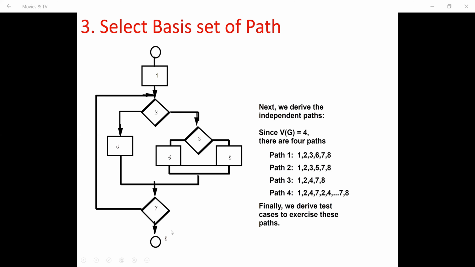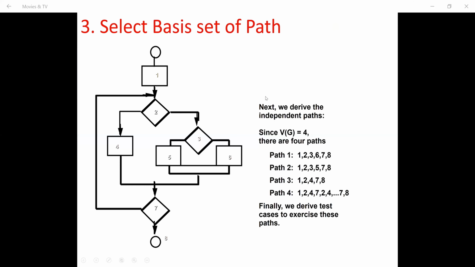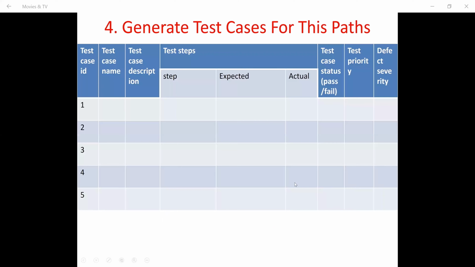Finally, we derive test cases to exercise these paths. By considering these paths, we can generate the test cases. What is the template, and how do we write the table for the test cases?